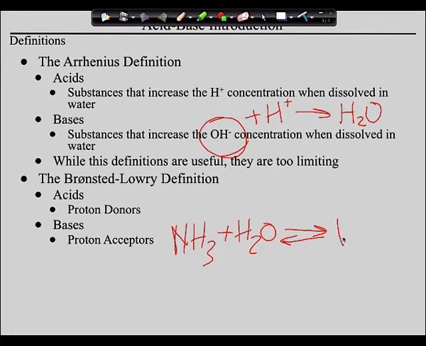So what does that turn into? NH4 plus. And when that forms NH4 plus, by taking a hydrogen away from the water, what is left over from the water? OH minus, and all of a sudden now we can make this connection because it did in fact increase the concentration of hydroxide. How did it do that? By accepting a proton from water.